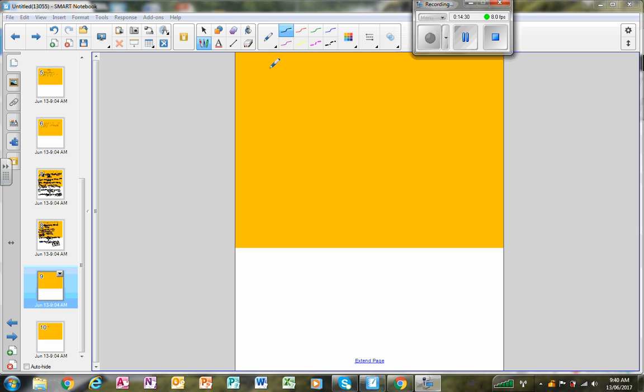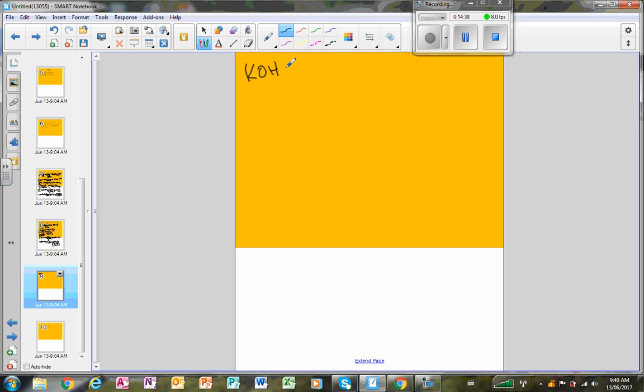Okay, so the first step that we're going to need to do is write out the balanced reaction. So we're going to look at KOH reacting with phosphoric acid. And again, you're going to write in your states. And again, I'm writing water like this. There's nothing saying you can't write it as H2O.